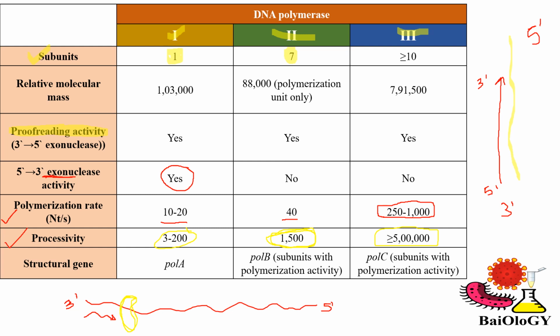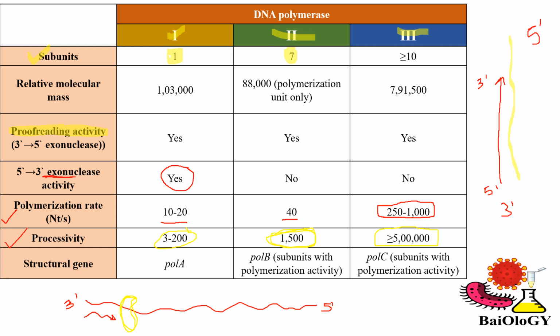Processivity was the reason which led to the conclusion that DNA polymerase 1 and 2 are not the main DNA polymerase enzymes, during their discovery. DNA polymerase 1 was discovered much earlier in comparison to DNA polymerase 2 and 3. So why was this enzyme not regarded as the main enzyme replicating the DNA?